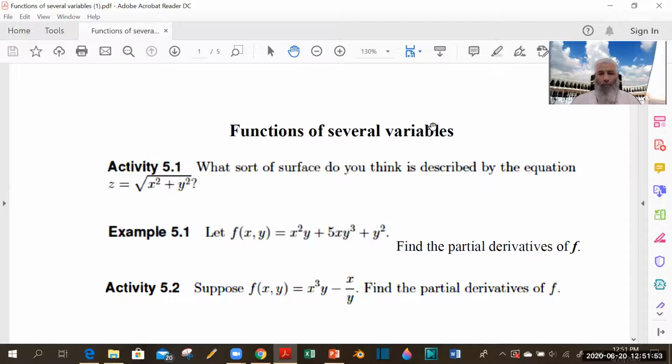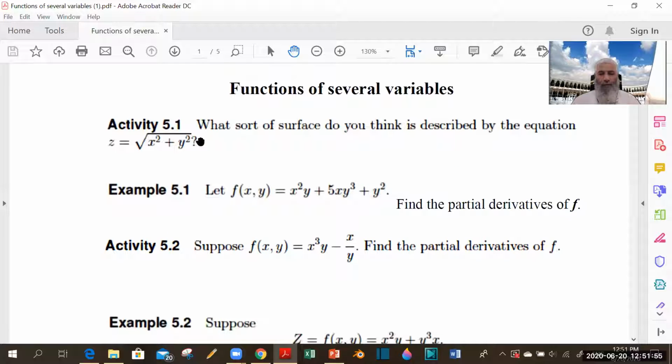Functions of several variables. Activity 5.1. What sort of surface do you think is described by the equation z equals root x squared plus y squared? What does it mean, what sort of surface?